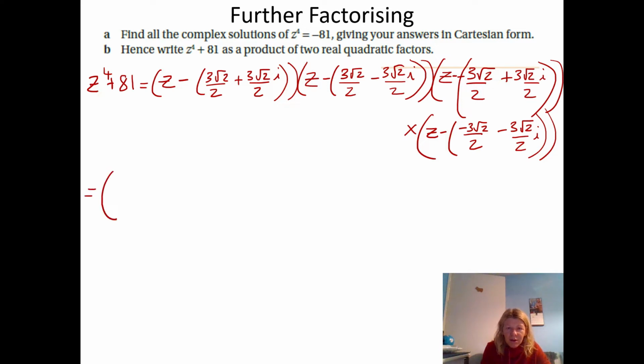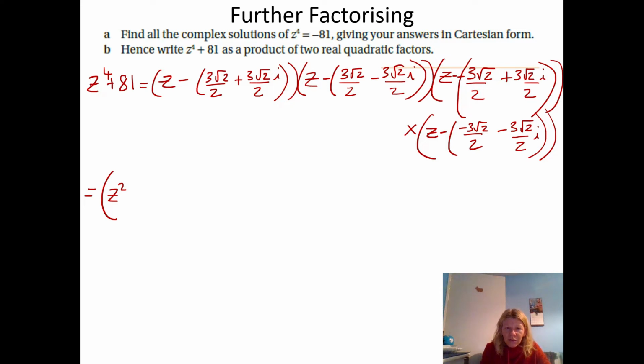Right, if we multiply these two together, because these two are conjugate pairs, we get z times z, which is z squared. Then z times that, and when you do it the other way around, you have z times that again.